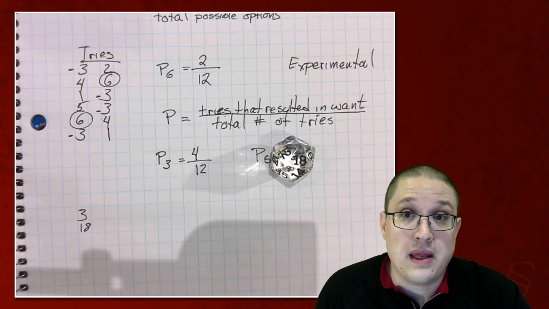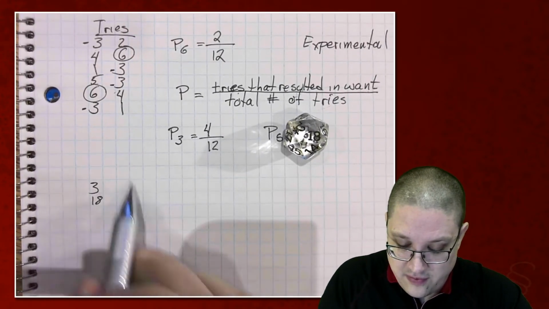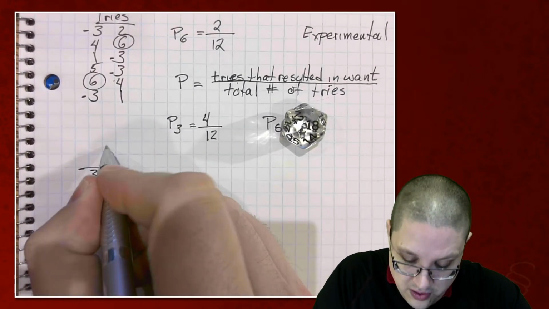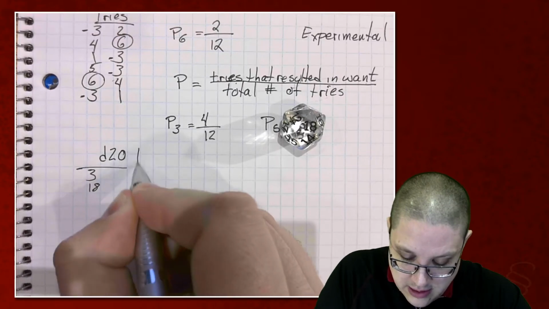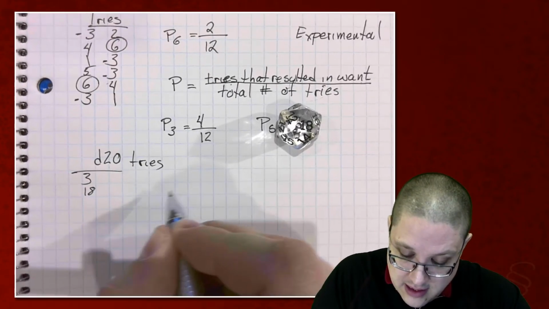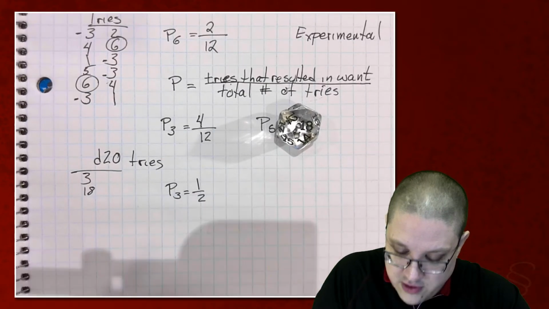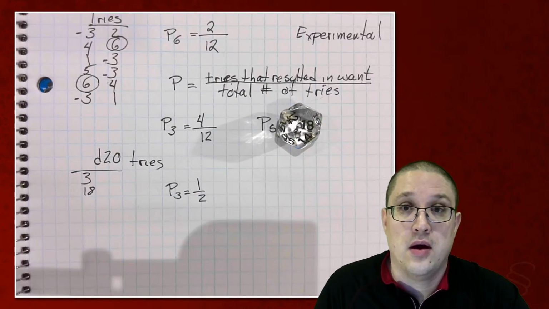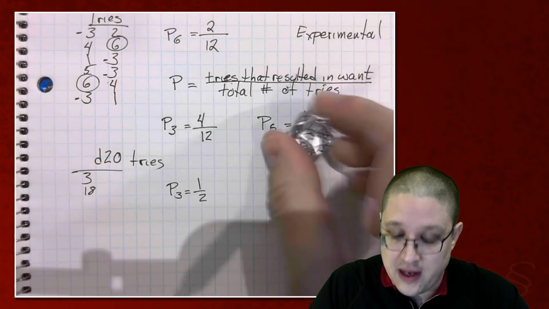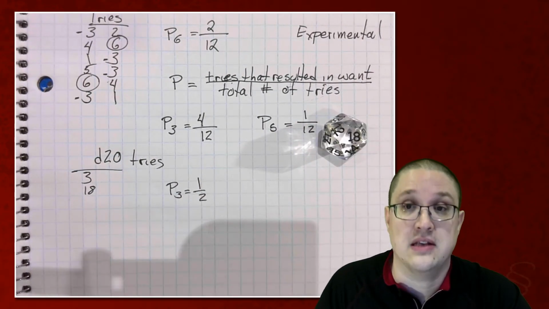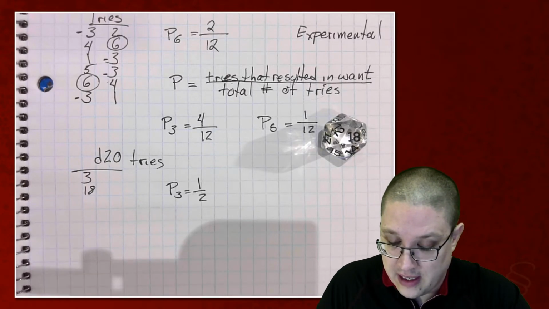If I stop here, I don't have enough tries to really say anything. So with my D20 tries here, I could say the probability of rolling a 3 is 1 out of 2. But that doesn't make sense, because if I keep rolling this, it's probably not going to be half the time I get 3s. It's not going to be half the time that I get 18s.